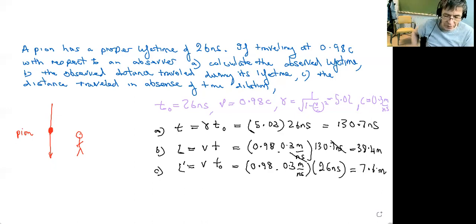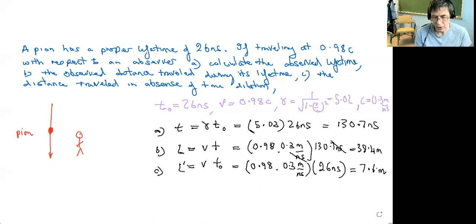And so this is an example problem involving relativity. It's an example problem involving one of the special features of relativity, and that is time dilation. That different observers in different frames of reference see different intervals between events.